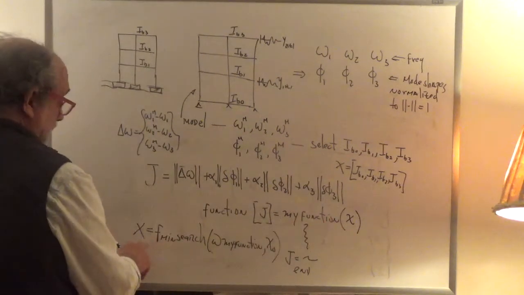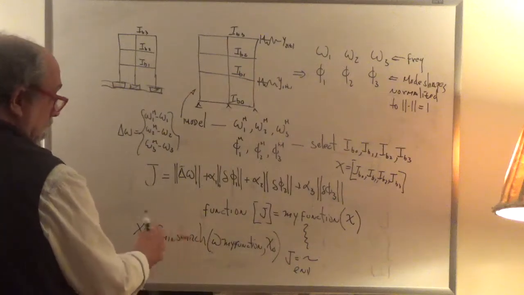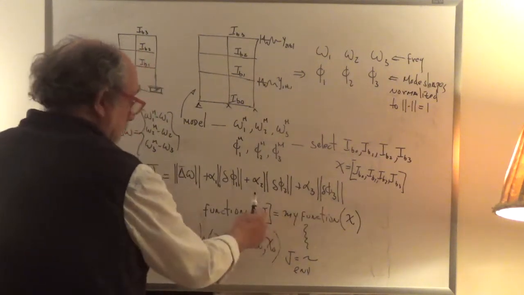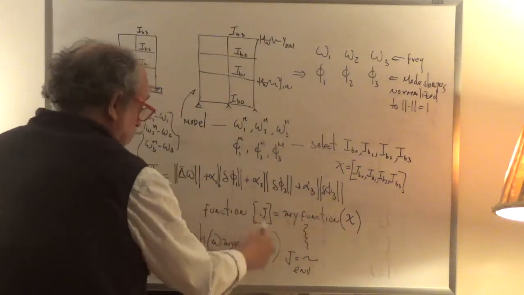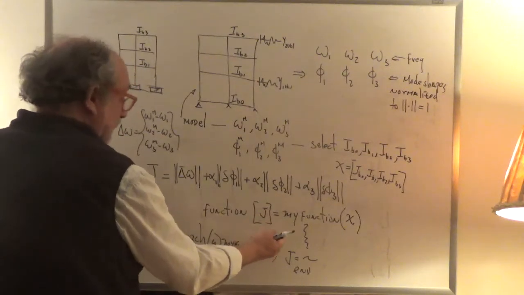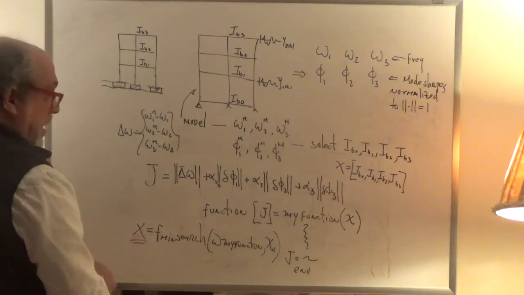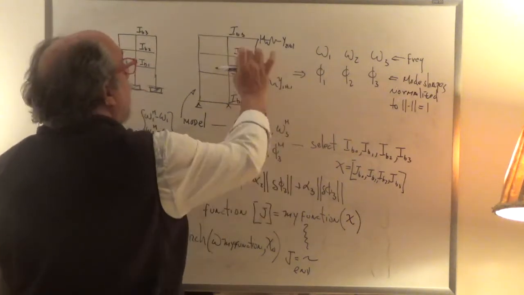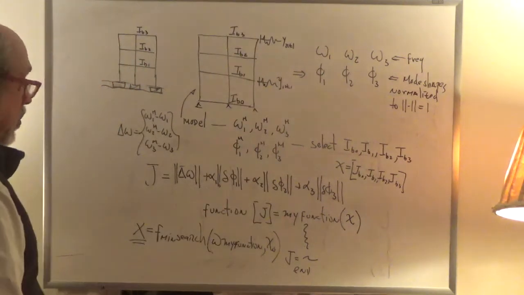So the search code that does optimization takes an initial guess, goes into this program, calculates the j, tries to improve by reducing the j until it can't do it any further, and then it tells you what the output is, and this x would contain the values of IB0, IB1, IB2, IB3 that the program could find.